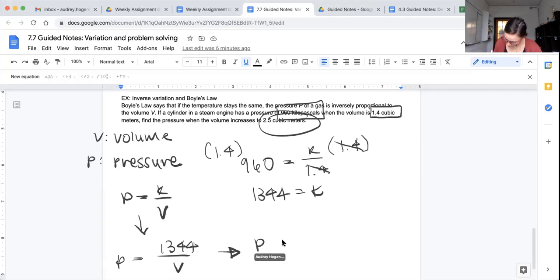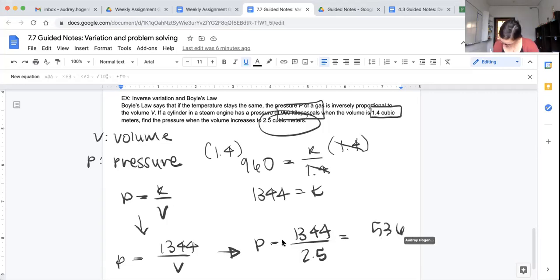So pressure is equal to 1344 divided by 2.5, which is approximately 537.6, and the units of pressure were kilopascals.